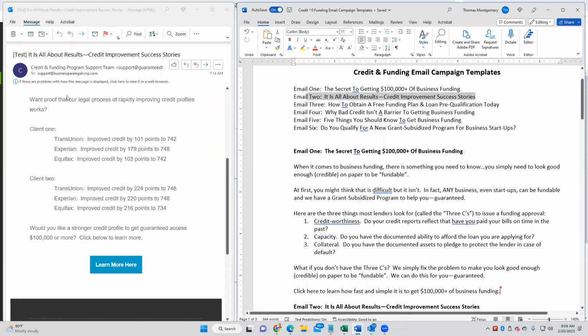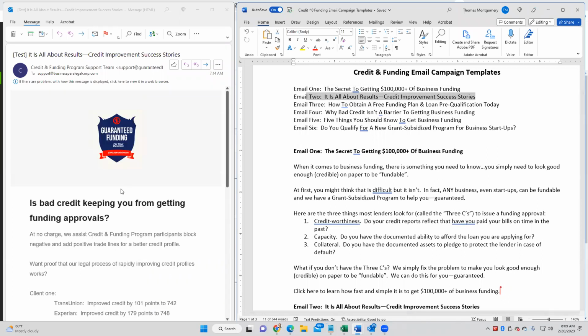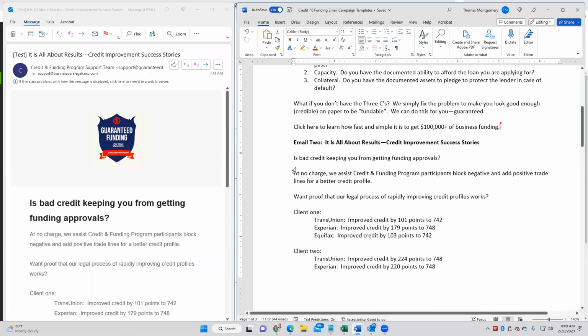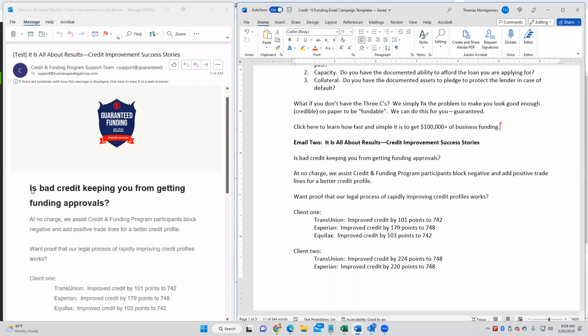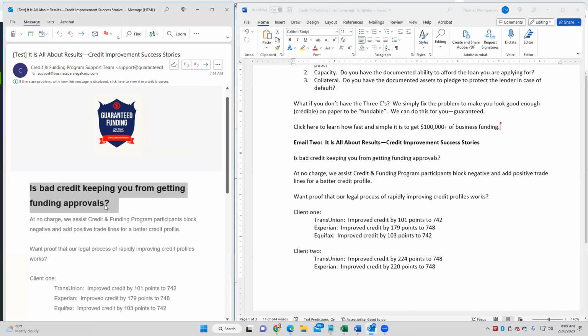And so again, email 2 is literally the one that we're seeing over here, which went out to our internal database this morning. So with email 2, we'll just look at it from the left-hand side here. Is bad credit keeping you from getting funding approvals? This is really at the heart of our target audience. We can help many other people, but our target audience can be best described as bad credit entrepreneurs.